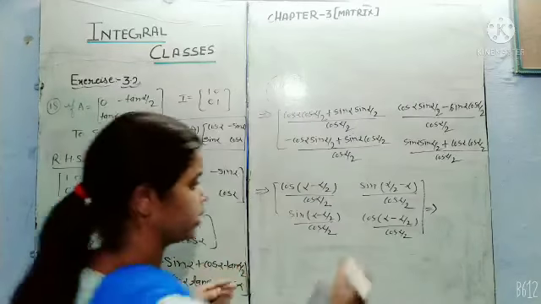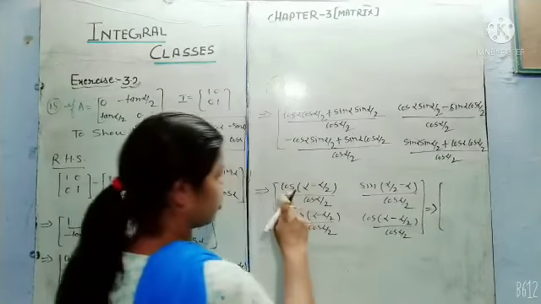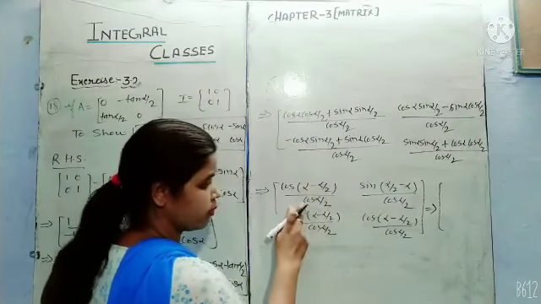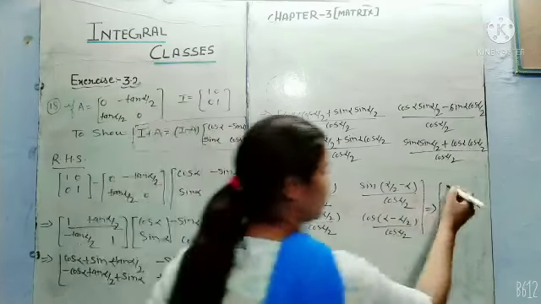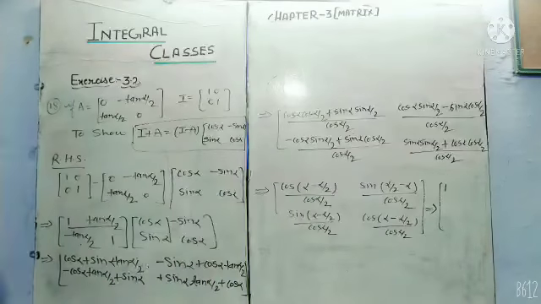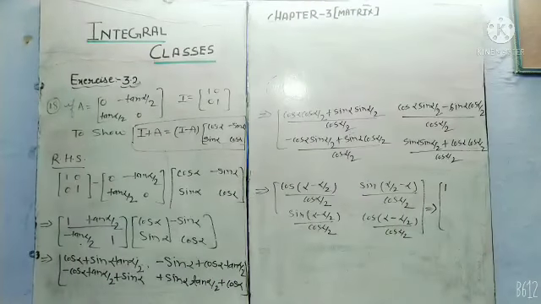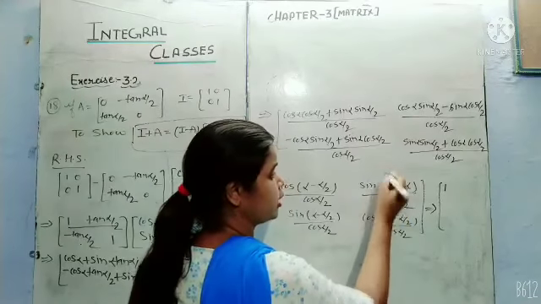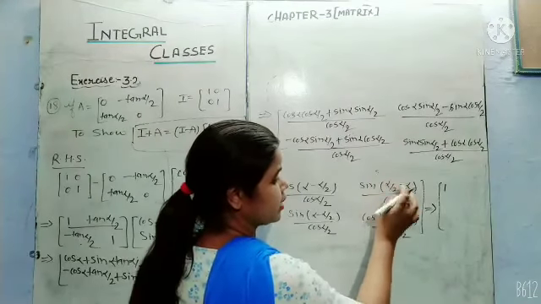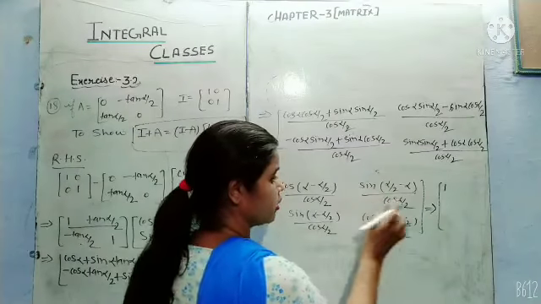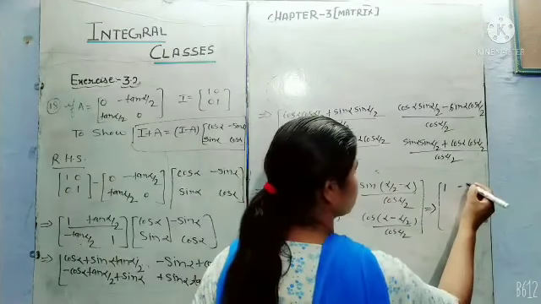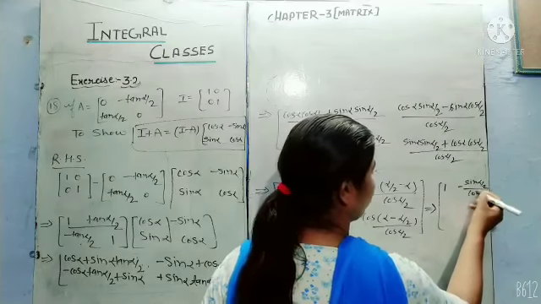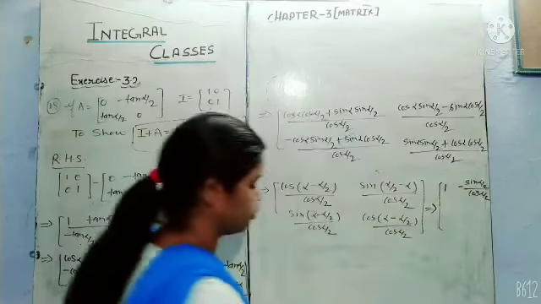Now in the next step we get cos(alpha minus alpha/2), cos(alpha/2) upon cos(alpha/2), which will become 1. Again sin(alpha/2 minus alpha), which becomes minus sin(alpha/2) upon cos(alpha/2).